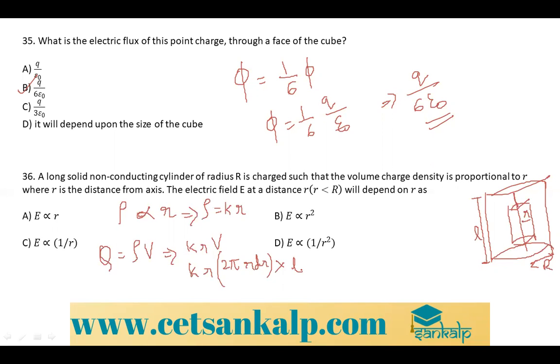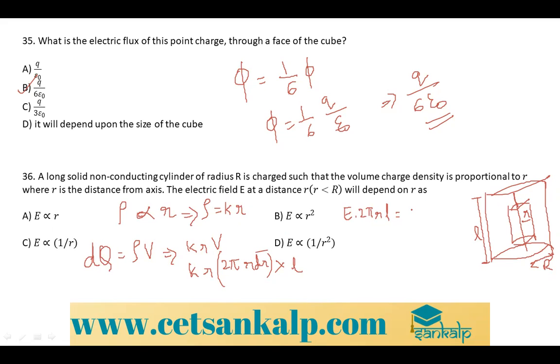Okay, so now using Gauss law, E into 2 pi RL is equal to dq, it's nothing but q divided by epsilon naught.